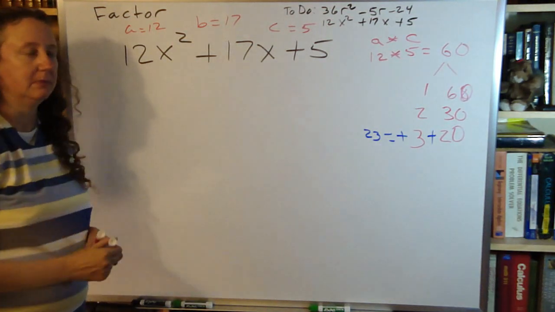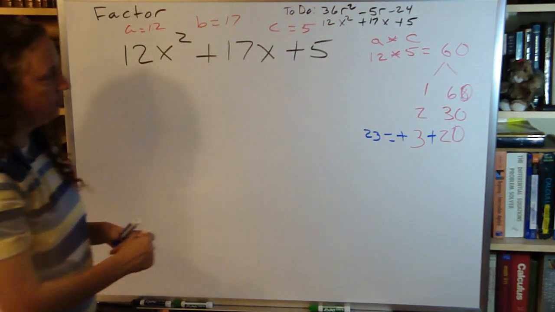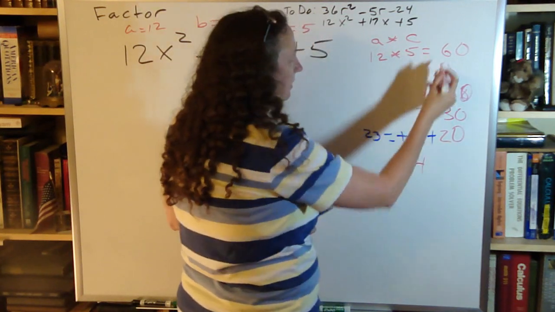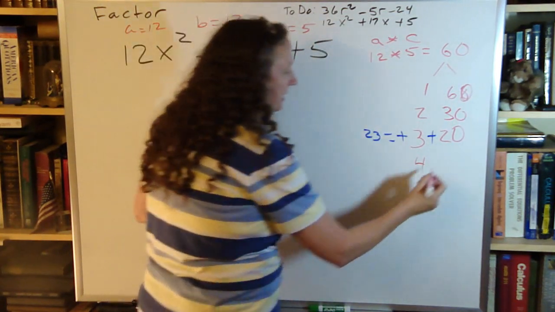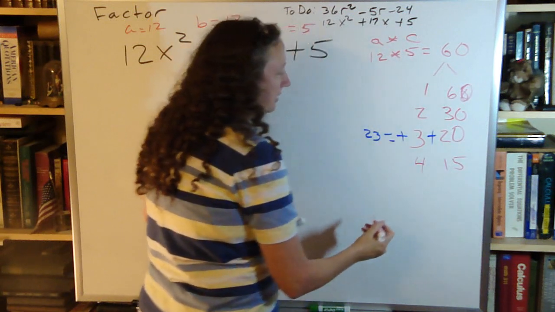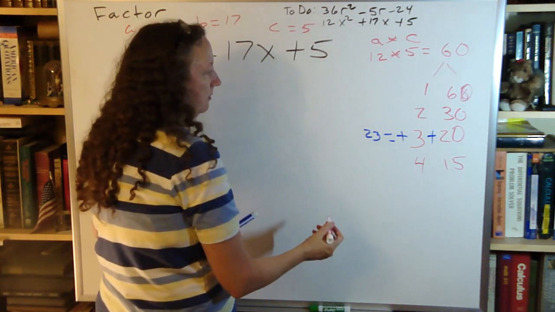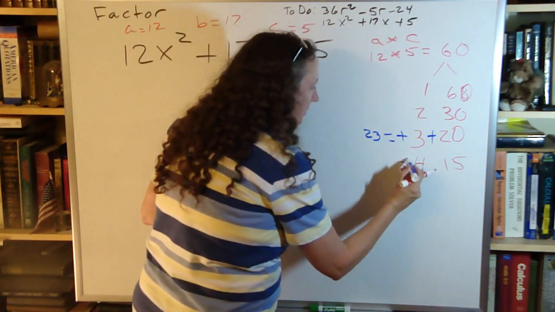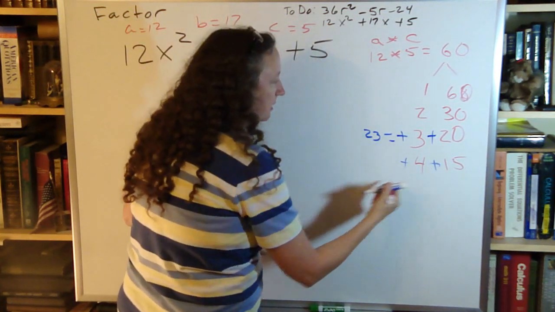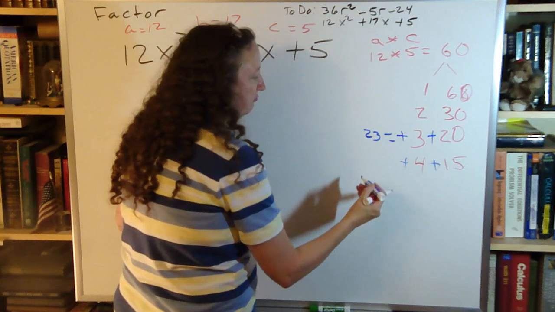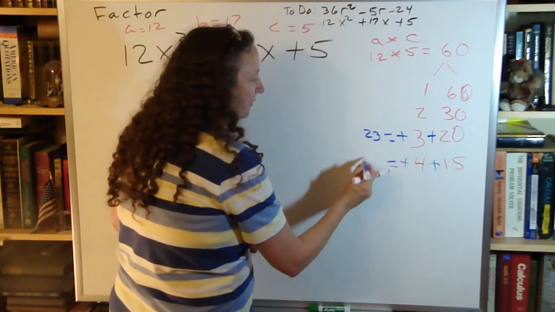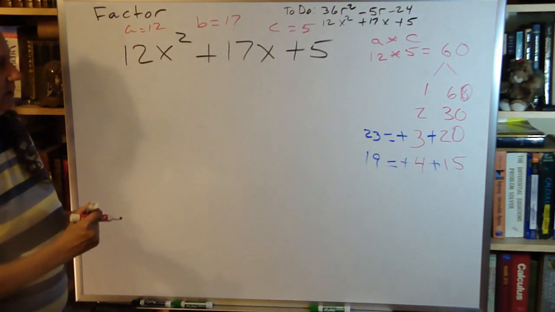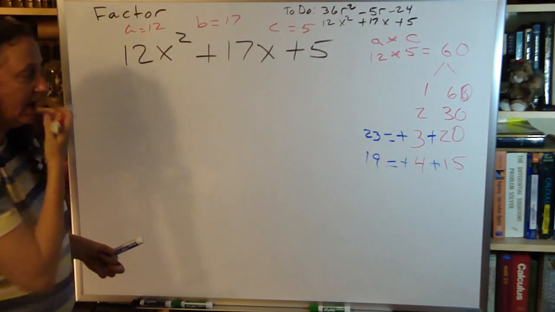Not the right number. So I continue on. 4 and 15. Let's try that one. They're both the same sign. They're positive. 4 and 15. That gives me 19. Not the same number.